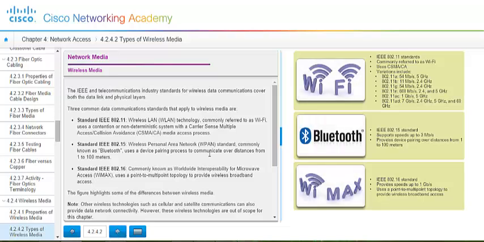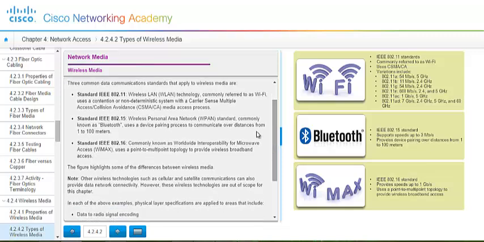The IEEE and telecommunication industry standards for wireless data communications cover both the data link and the physical layers. You have the standard IEEE 802.11 for wireless LANs, commonly referred to as Wi-Fi. You have the standard IEEE 802.15 for wireless personal area networks, commonly known as Bluetooth.